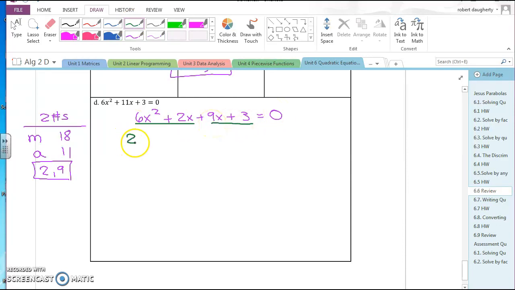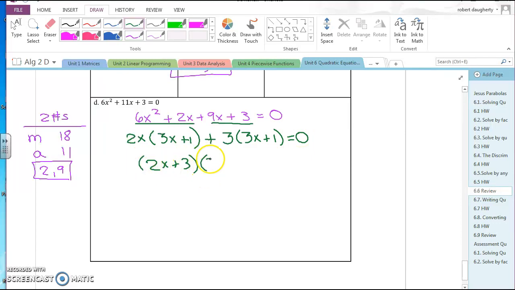The first two terms have a 2x in common, so that leaves me with 3x plus 1. And if I've done this right, I should get a 3x plus 1 in the next term. Factor out a 3, and I'm left with 3x plus 1 equals 0. So this is (2x + 3)(3x + 1) = 0.